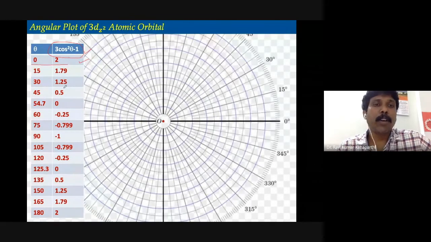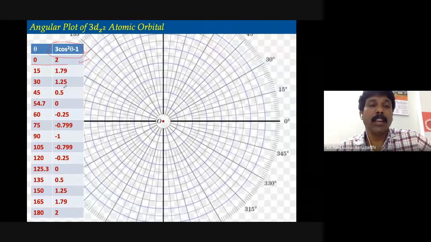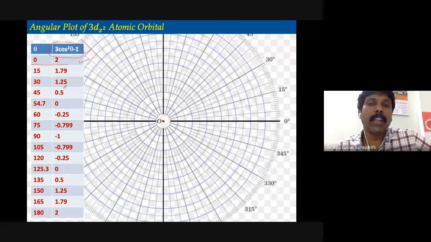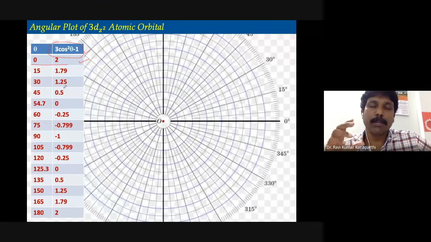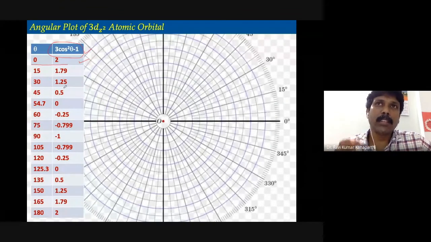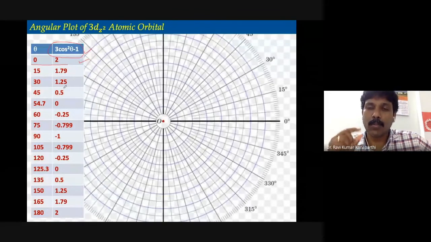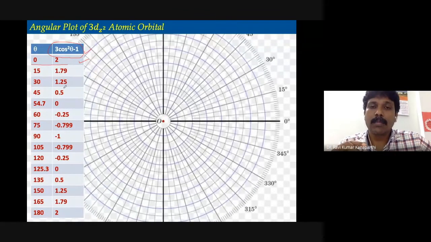So the first point let us locate, that is at 2. So a magnitude of 2 you have to put. How to keep a magnitude of 2? It again depends upon you. Each circle you can take as 1 unit.